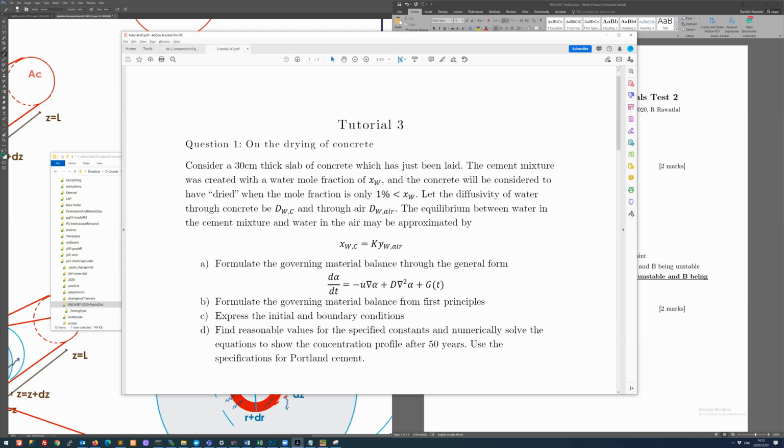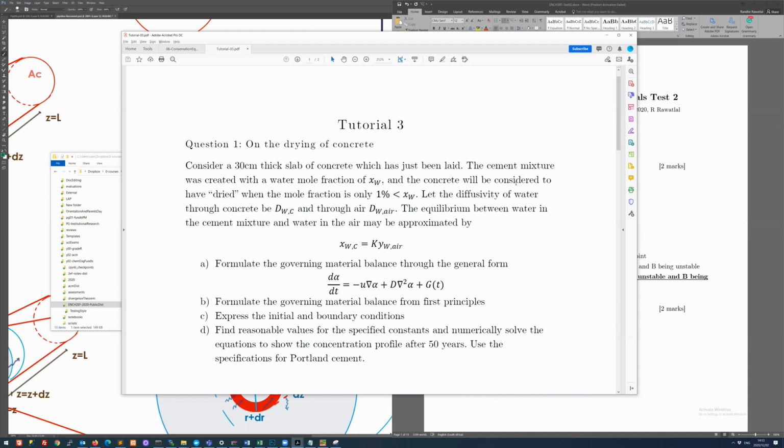And then you see concrete takes a very long time to dry. In fact, it takes about 99 years to dry concrete. And a number like that tells you that it's a kind of equilibrium kind of drying out. So it never actually completely dries, but we consider 99 years to be, for all practical purposes, well enough dried. Well, obviously not for applications in the building industry, but that's another story.